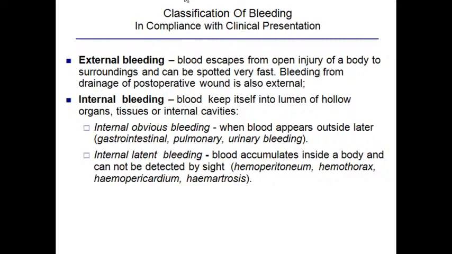And internal bleeding can be latent, when blood accumulates inside the body and cannot be detected by sight, because the spaces where the blood is present are closed because of anatomical features. For example, hemoperitoneum, hemothorax, hemopericardium, or hemarthrosis.